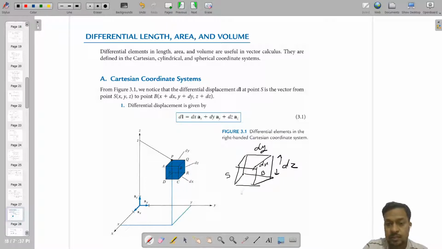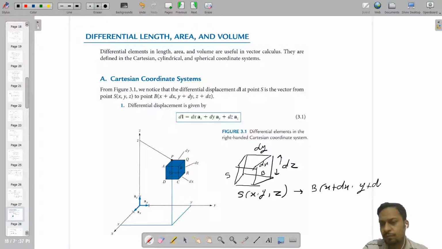If we consider the coordinates of point S as x, y, z, then the coordinates of point B can be written as x plus dx, y plus dy, z plus dz.